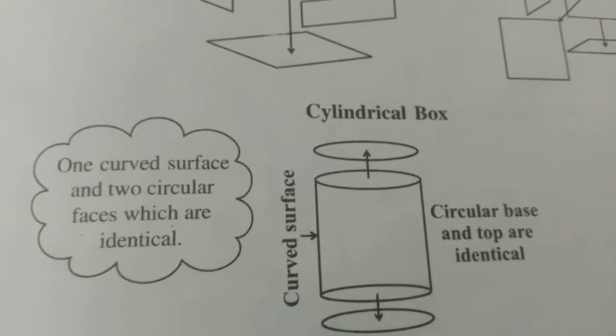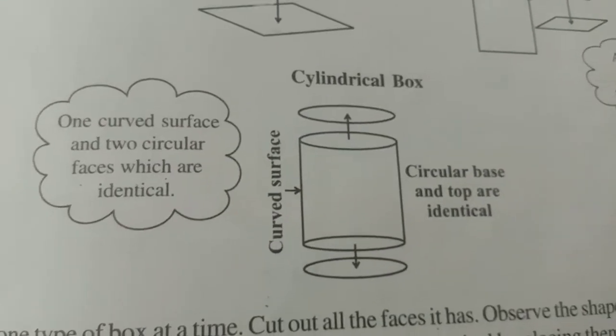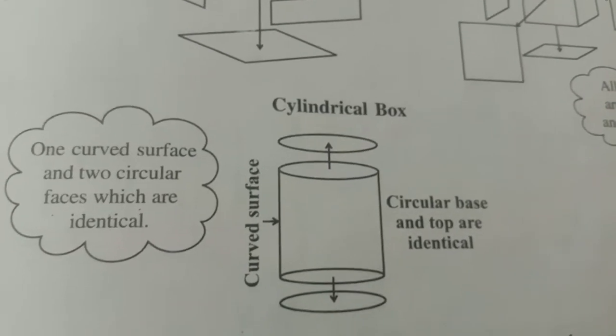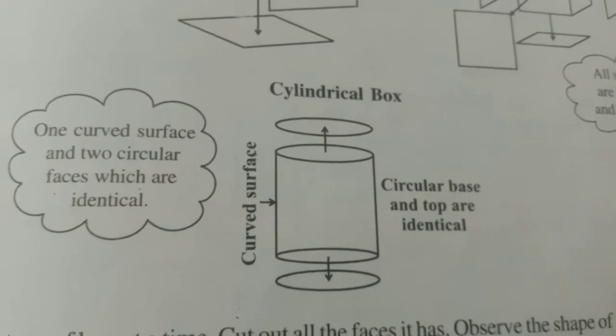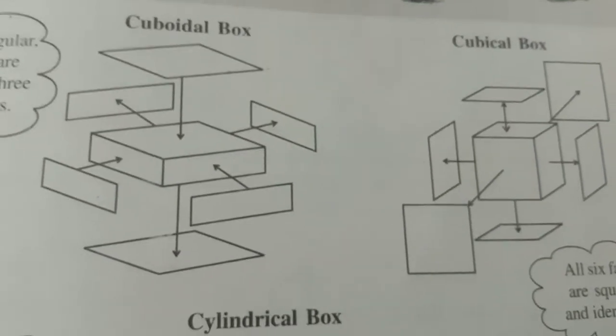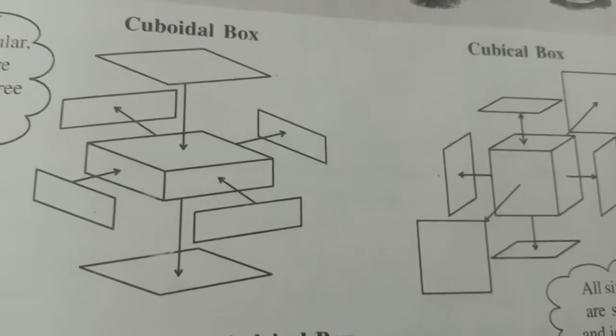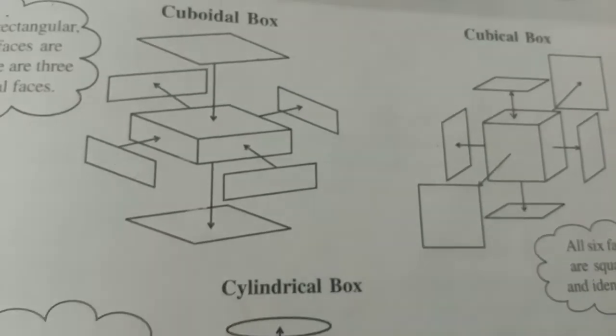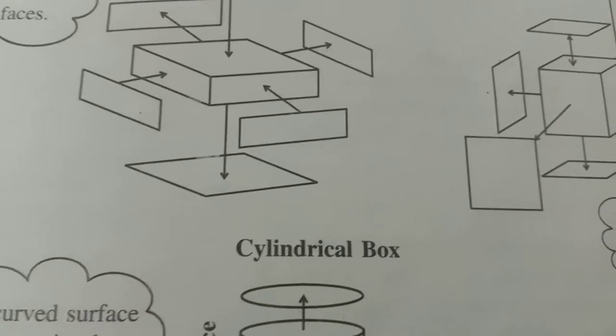So a cylindrical box has three faces: one curved surface and two circular faces, whereas a cuboid and a cube have six faces. We will discuss how to find the surface area of a cuboidal box, a cubical box and a cylindrical box.